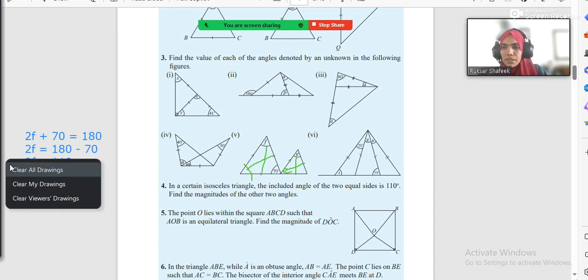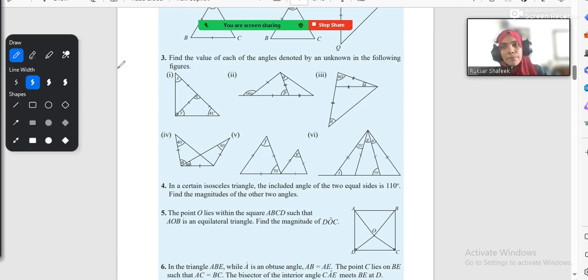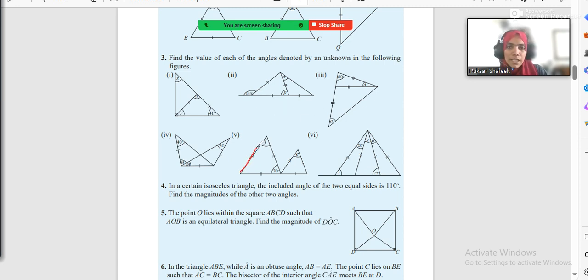Let me just quickly clear the screen to give a better understanding around alternate angles as well. So if you look at this part here, we have an alternate angle that is being formed. There we go. So this is an alternate angle that has been formed. So if this is F, we know that this is also going to be an F based on the alternate angle theorem.